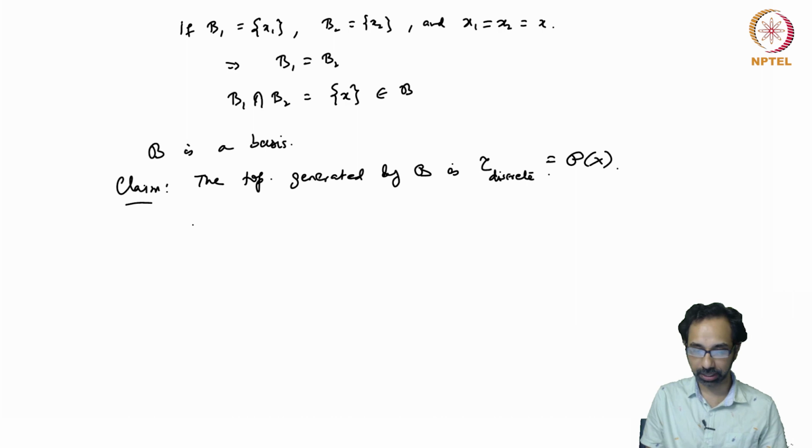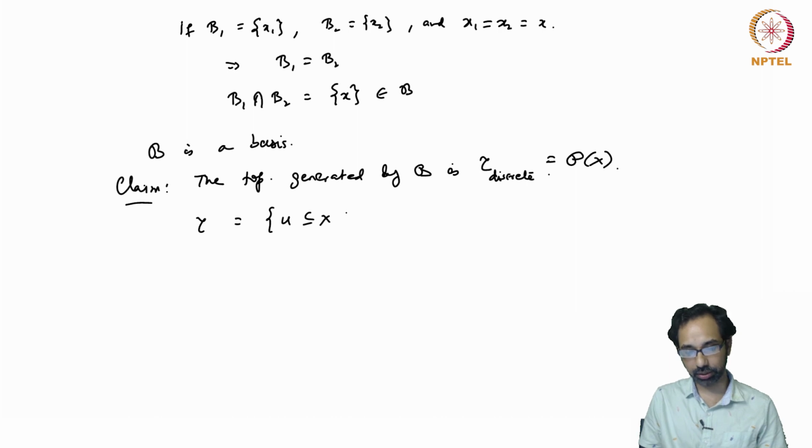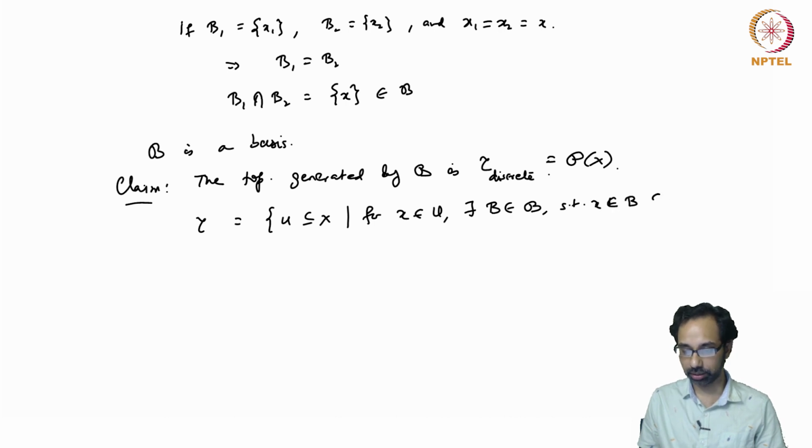Well, let's see from the definition of the topology generated by a basis. So this is the collection of all subsets U such that for any X in U, there exists a basis element B such that X is contained in B and B is contained inside U.